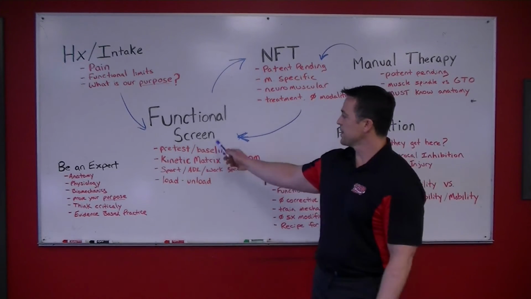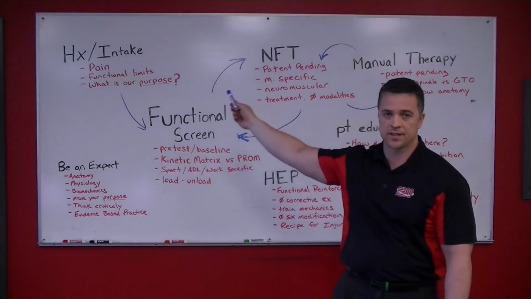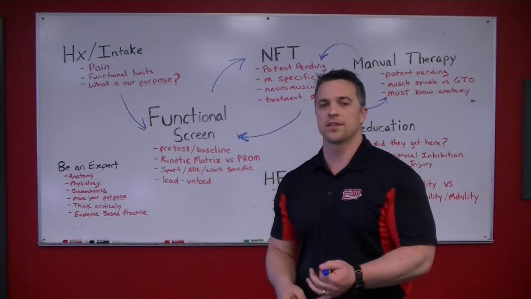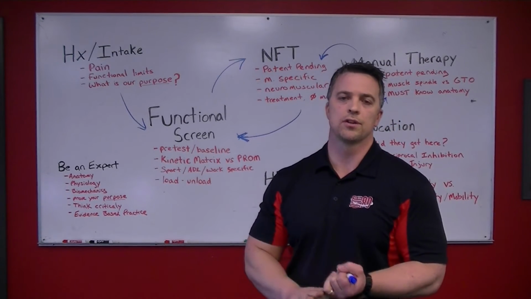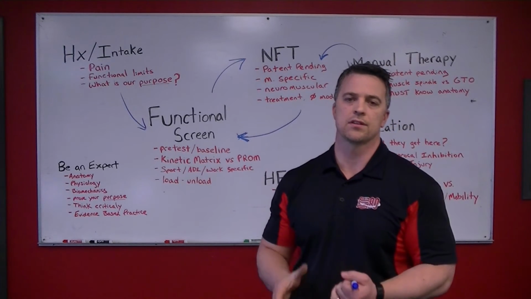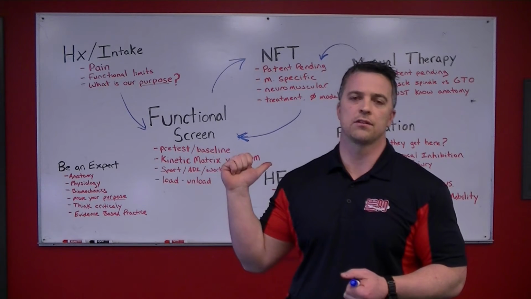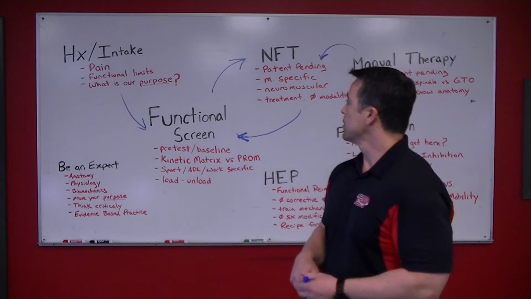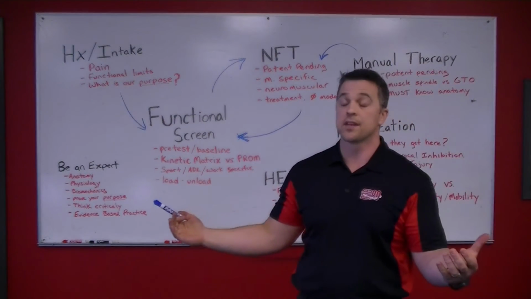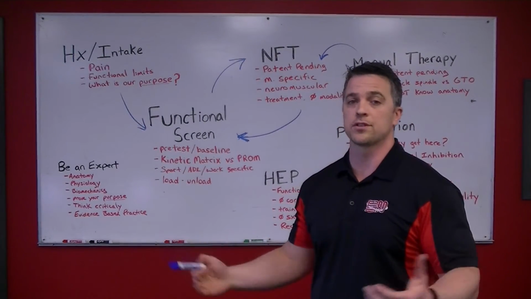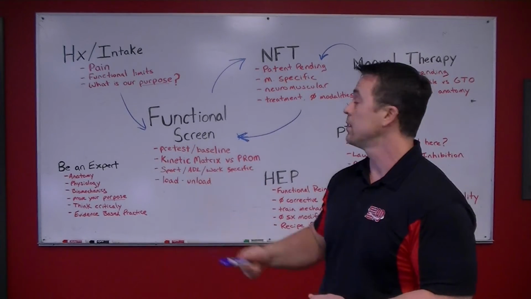So what that does is sets the table for when I put that person on the table, I'm already thinking I'm going to test and I'm going to be looking at abductor hallucis, soleus, gluteus medius, vastus lateralis, gluteus maximus, contralateral lat, and pyramidalis. So if I put them on the table, I run through all that stuff, and just because I'm thinking that doesn't mean that that's what I'm going to find, because nobody's the same and this is not a protocol.